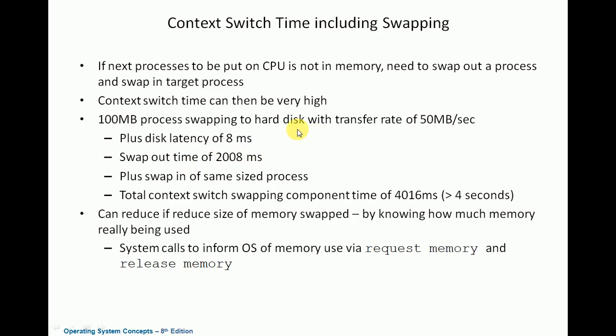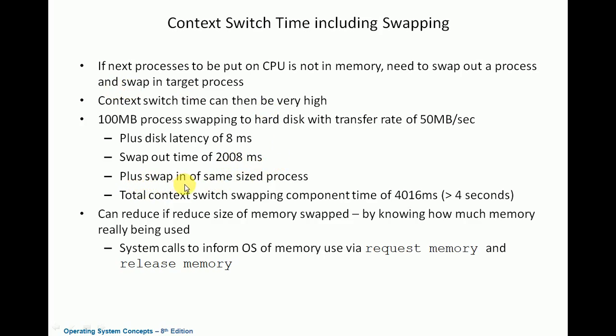That is the time required to transfer 100 MB of memory, 2000 milliseconds plus disk latency of 8 milliseconds. So this is the time taken to transfer a program from main memory to disk, that is, backing storage. It will be 2008 milliseconds. It is more than 2 seconds. It is very huge.